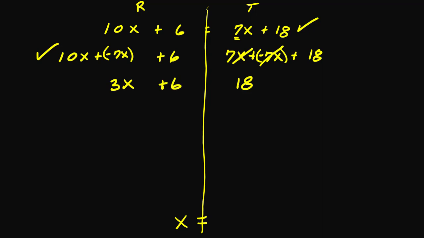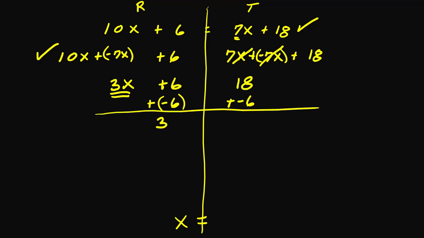Bring down the add 6. All of my x's are in one place now. The last thing I'm going to deal with is him. I need to zero out this positive 6, so we're going to add a negative 6 to both sides. And then we have 3x equals 12.